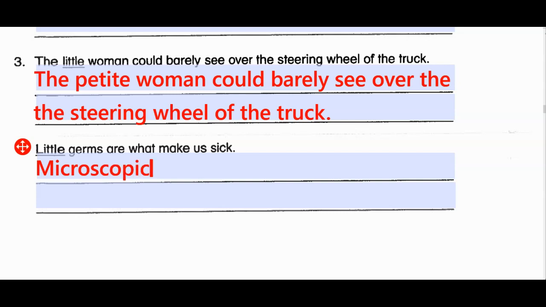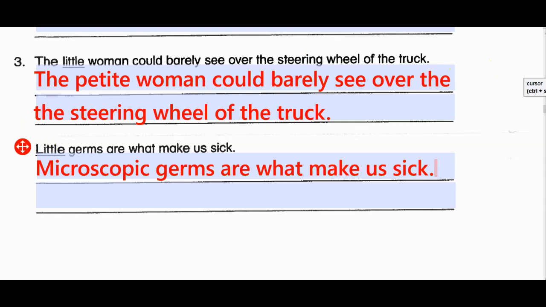PIC, like that? Microscopic germs are what make us sick. Cool. All right. That's page 5. Then we're going to go on to page 6.